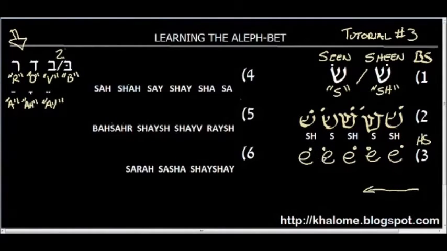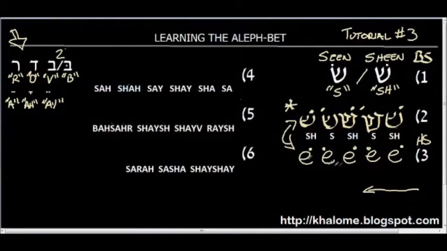So just getting used to the dot, and this can take a while. Getting used to seeing these differently takes a while, because you see this more commonly in your printed material, the block script.